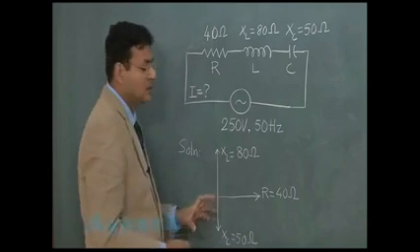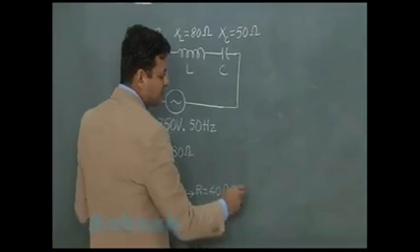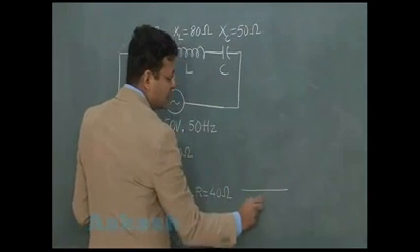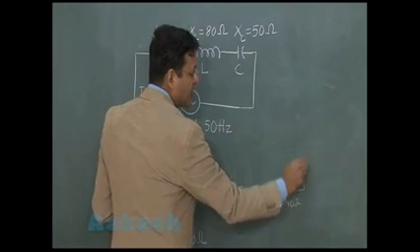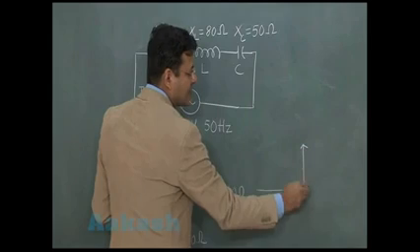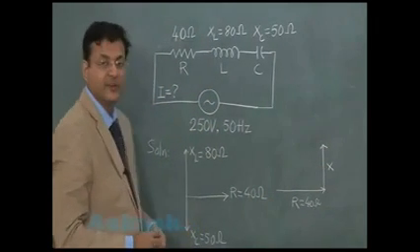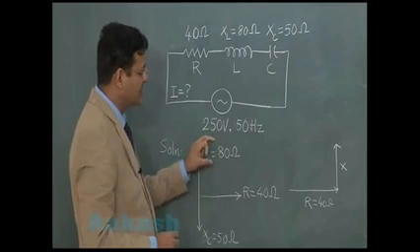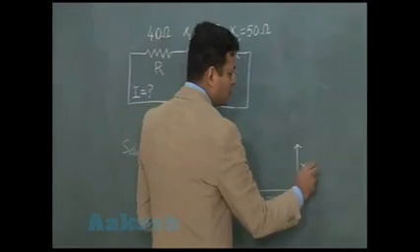You understand? So, if you now try to make the equivalent triangle of this, then resistance 40 ohm is coming like this, and the net reactance, because one reactance value is 80 ohm and another is 50 ohm, is 80 minus 50, equal to 30 ohm.